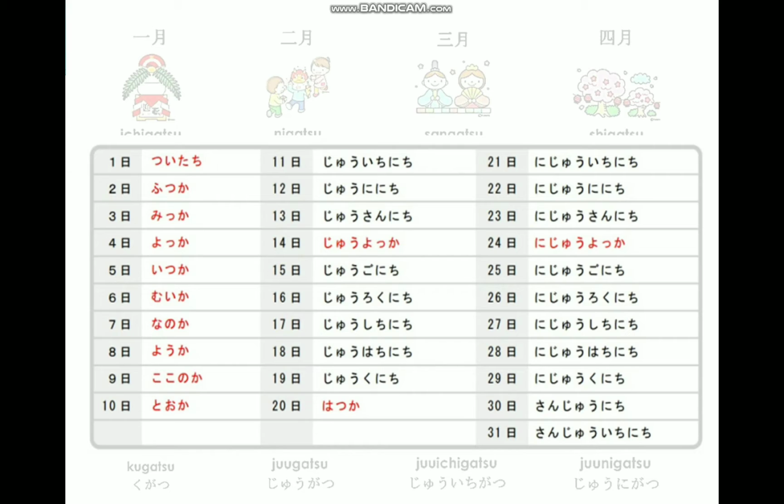Those written in red are what we call irregulars. But don't worry, I'll be teaching you those. Now, since there are 31 numbers in a calendar, we'll be requiring help from our computer friend. All right? Let's start with the pronunciations. Let's begin.